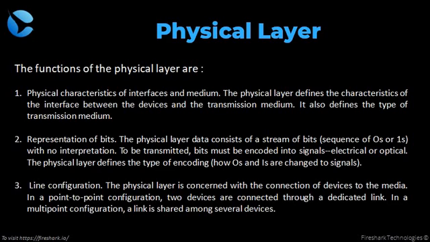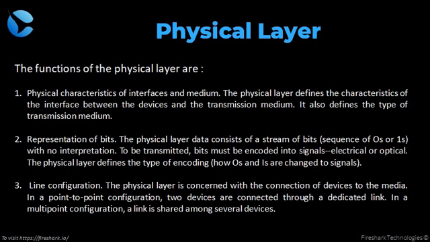So next is representation of bits. The physical layer data consists of a stream of bits, a sequence of zeros and ones with no interpretation. To be transmitted, bits must be encoded into signals, electrical or optical. The physical layer defines the type of encoding, how ones and zeros are changed to signals.